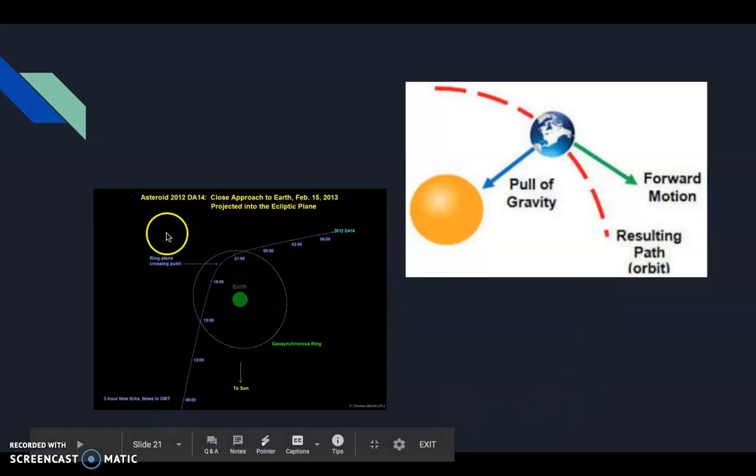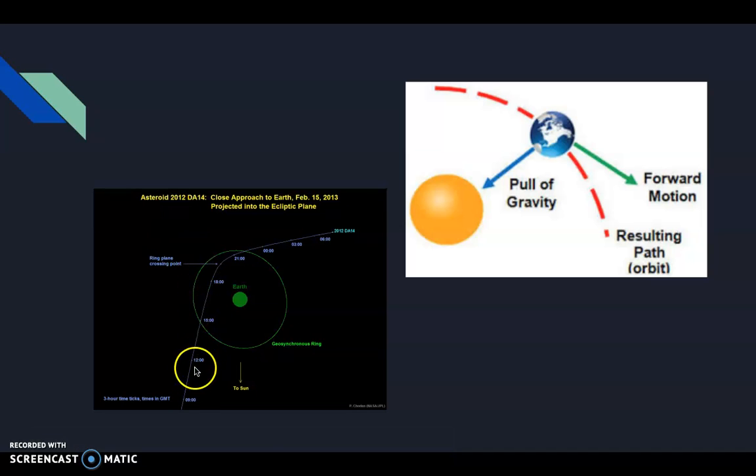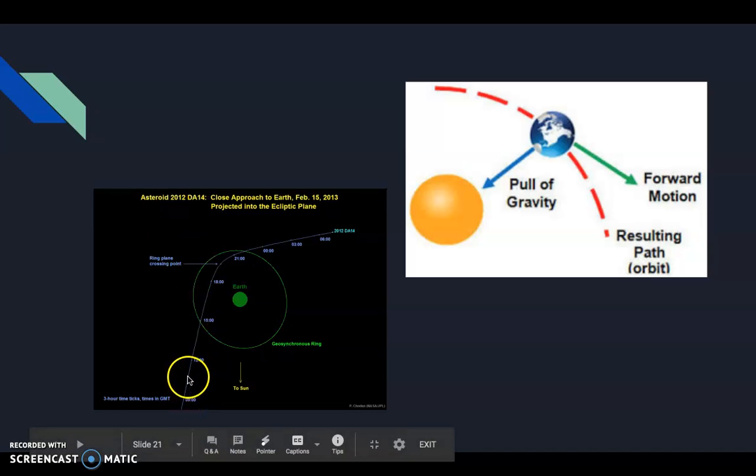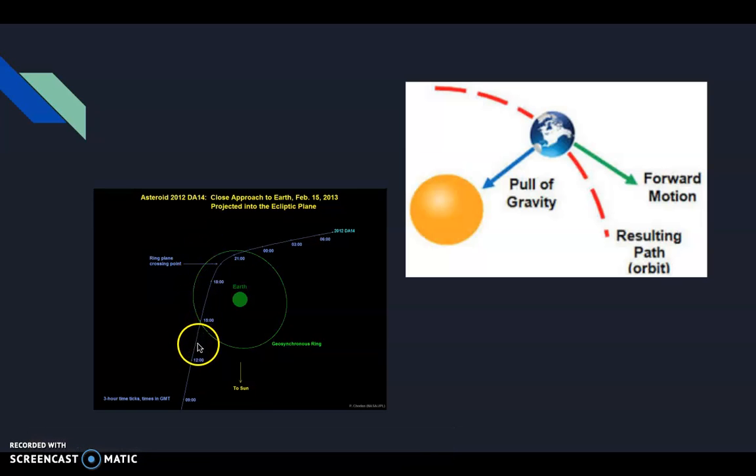This visual here is of an asteroid. If an asteroid is traveling on a path, it's going to want to keep going this way. But as it gets closer to a planet, the distance between them decreases, and it's going to change its velocity. It's going to speed up as it gets closer to the planet and also change its direction.